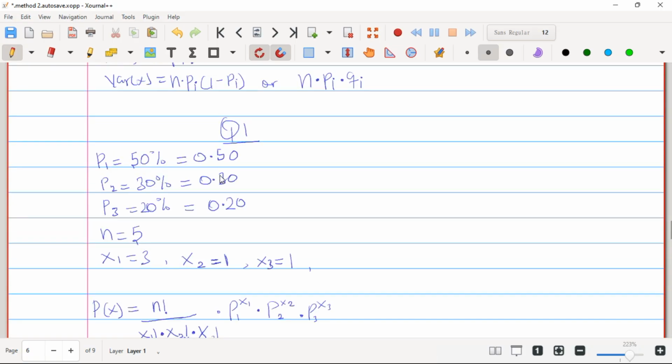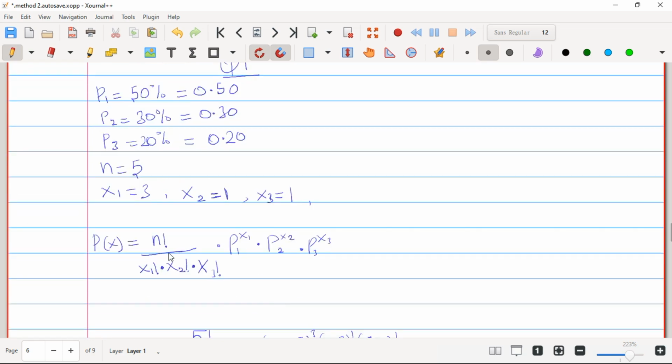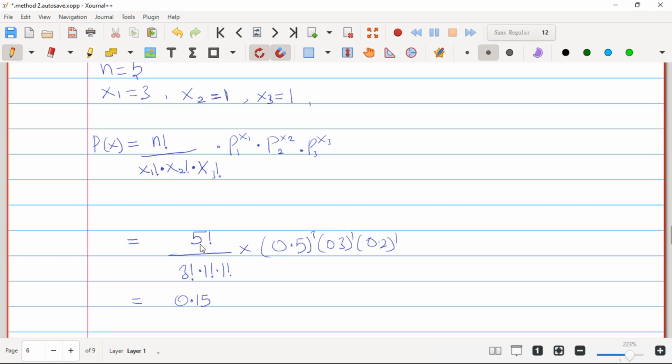So what you do is just substitute the numbers into the PMF, right? So we have our n, so here will be n factorial. We have x1 was 3, so it will be 3 factorial. X2 was 1, X3 was 1, so we have 1 factorial times 1 factorial times our p.